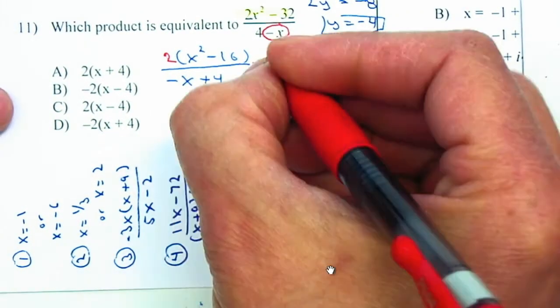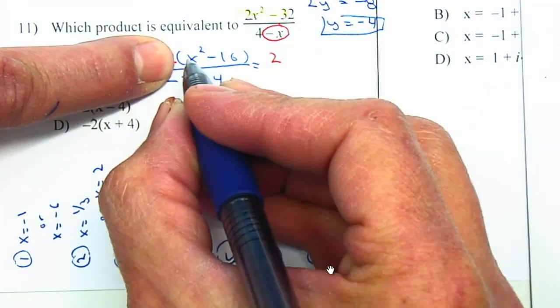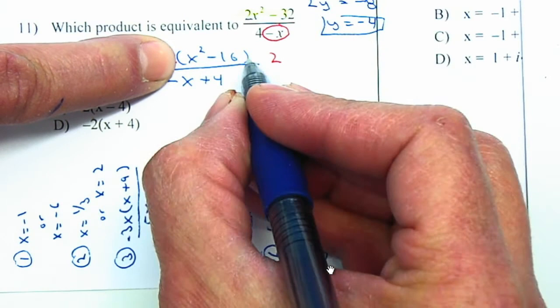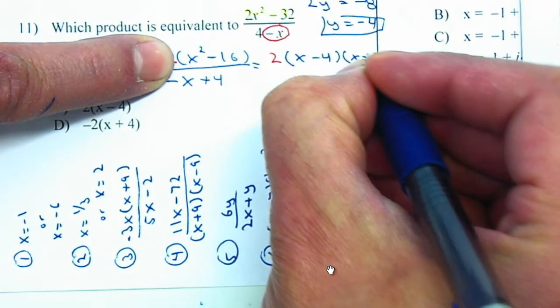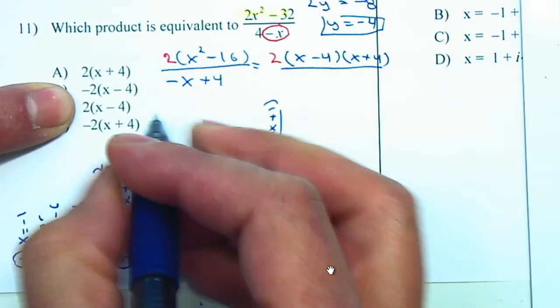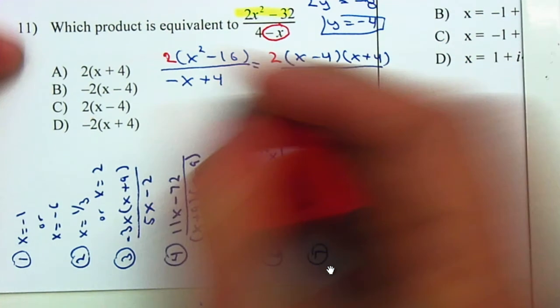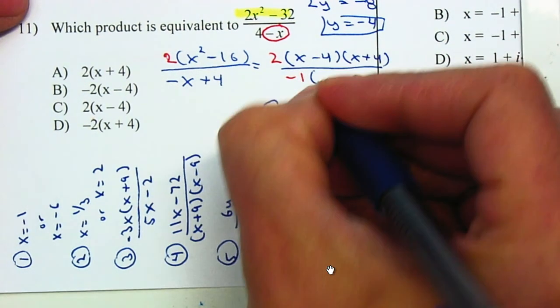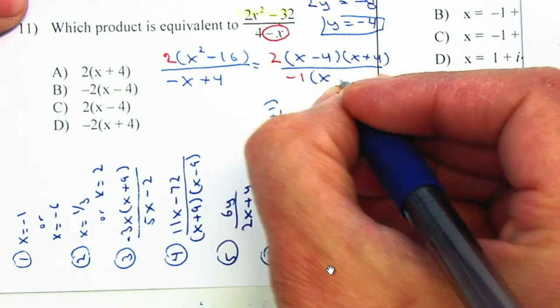Let's continue on. We have a 2 on top. I want to factor this out. This is the difference of two squares. X squared is a square, 16 is a square, so it will be x minus 4, x plus 4. Denominator, remember the first number is negative, so take out a -1. So we end up with -1 times -x is +x, -1 times +4 is -4.